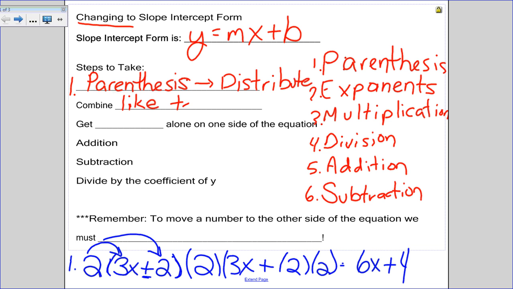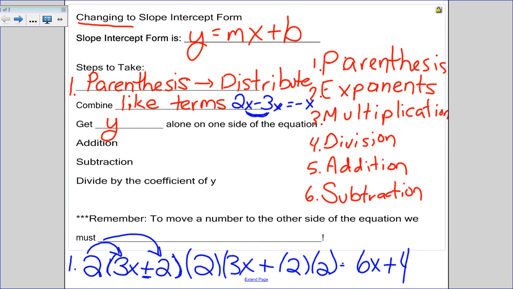Do you guys remember what like terms are? This is like saying if I have a 2x and a negative 3x, what is 2x plus negative 3x? I can put those together and I can say that I have negative 1x or negative x, okay? The next one, for slope-intercept form, you need to get y alone on one side of the equation, okay?